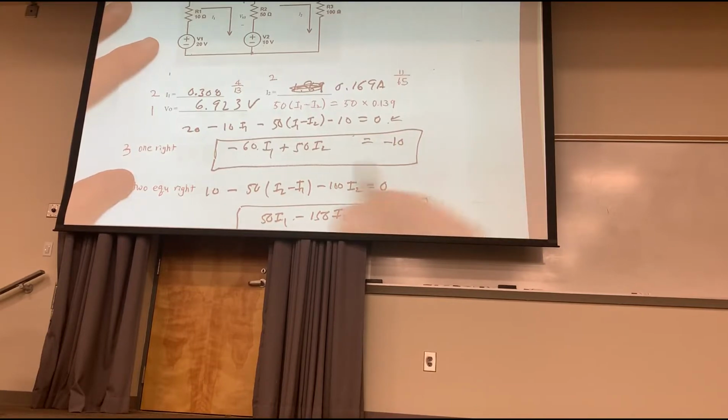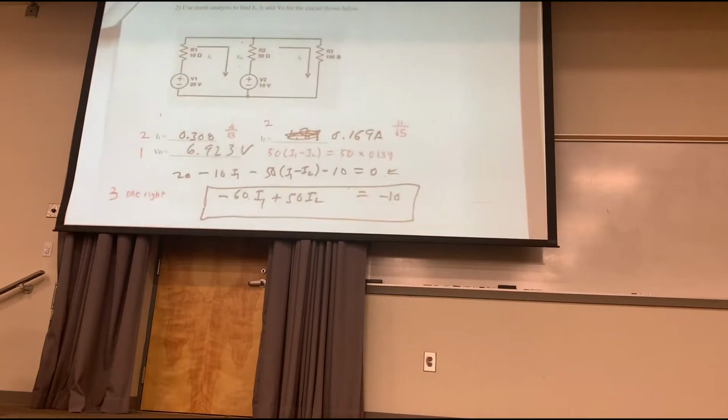It should be I1 is equal to 0.308, I2 is 0.169, or 11/65, and V naught in there is going to be 50 times I1 minus I2, and it's 6.923 volts. Everybody see this? It's meant to be straightforward. It's meant to be as easy as it seems, all right? There's nothing tricky about this.